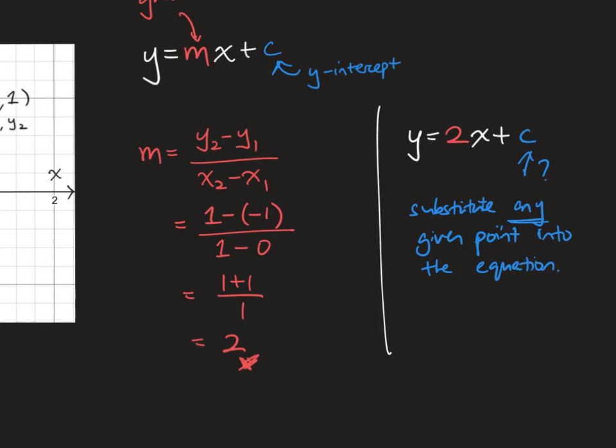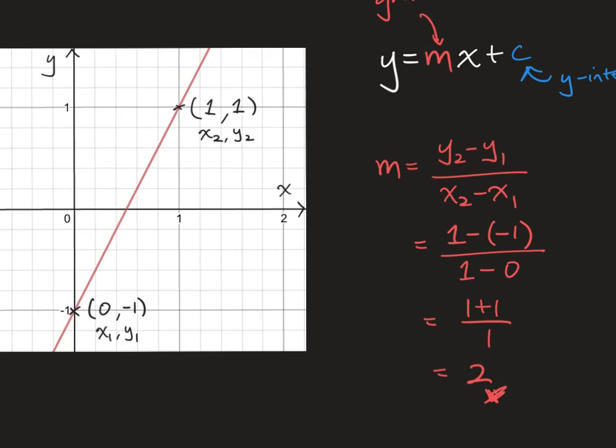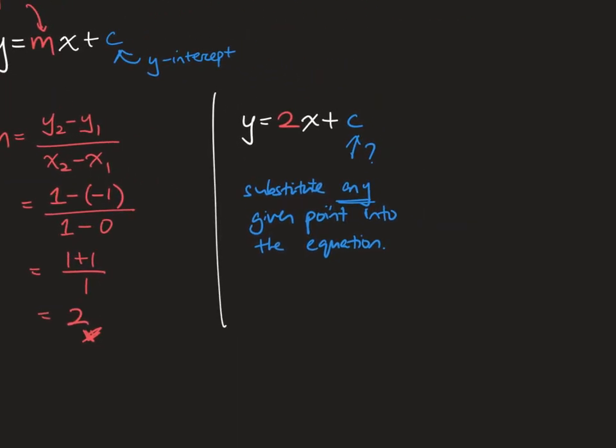Any. So which one shall we pick? Let's say we pick this point, 1, 1. Okay? And let's just substitute it in. Let's see what we find. So let's say we sub in 1, 1.